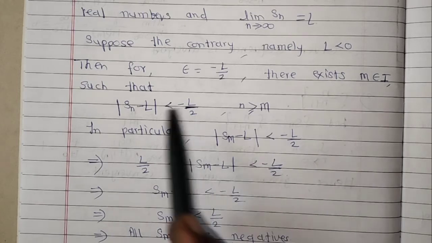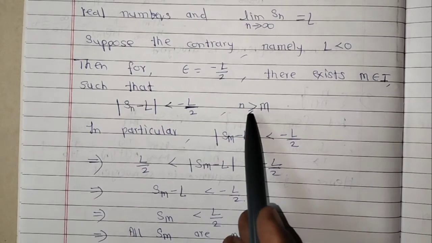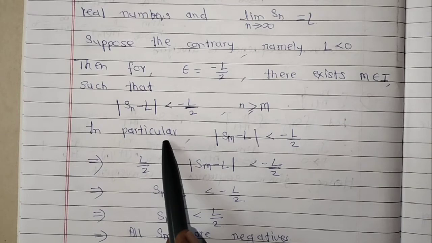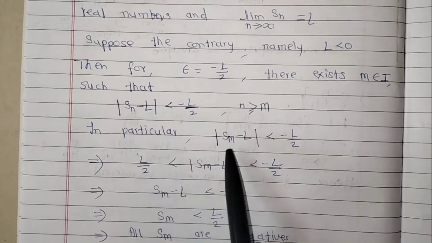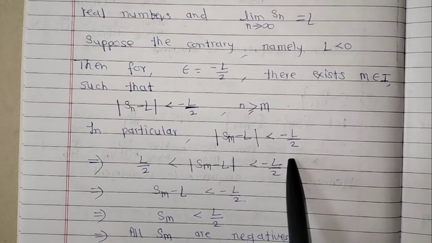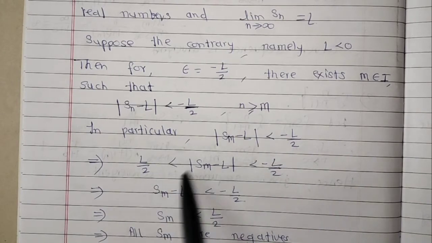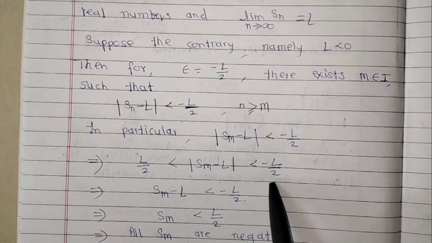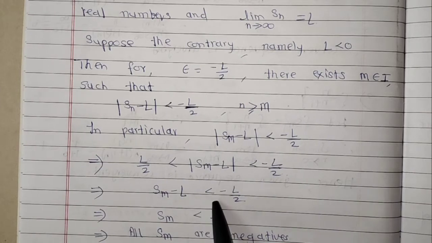Here modulus of Sn minus L is less than minus L by 2 for n greater than or equal to m. In particular, for n equal to m, we have modulus of Sm minus L is less than minus L by 2, and this implies L by 2 is less than Sm minus L, which is less than minus L by 2.